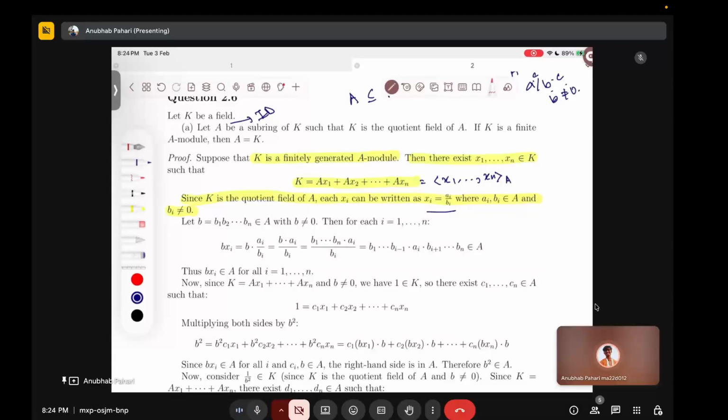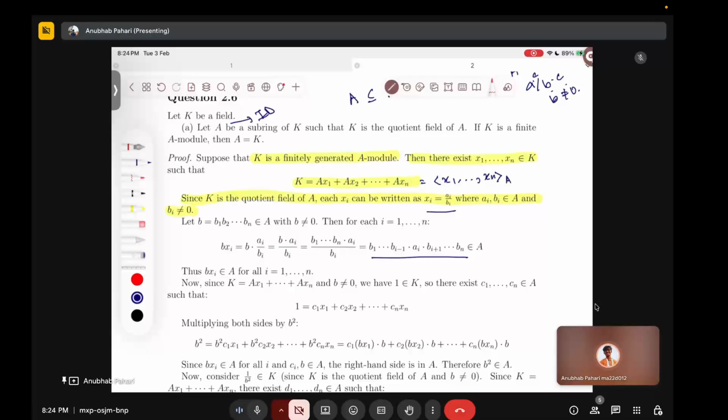So these are of this form, and thus b·xi belongs to A for all i up to n, because these are all elements of A, so their product also belongs to A.